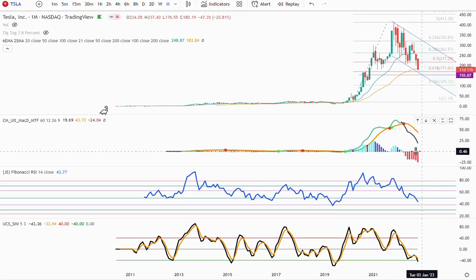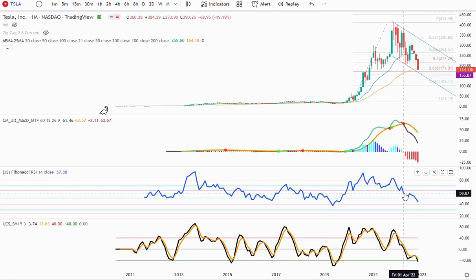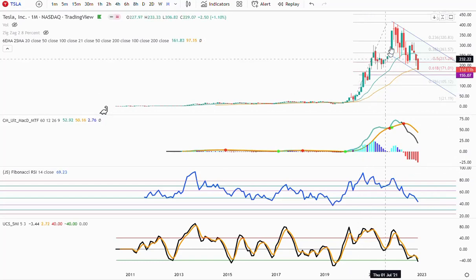And RSI, you can see that RSI has been moving lower. So it has gone below the monthly 50 for the first time right here. You can see right here when it crossed above the monthly 50 and remained above the RSI 50 level, good things happened to price, big price moves.